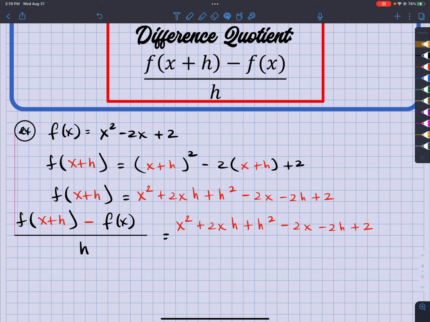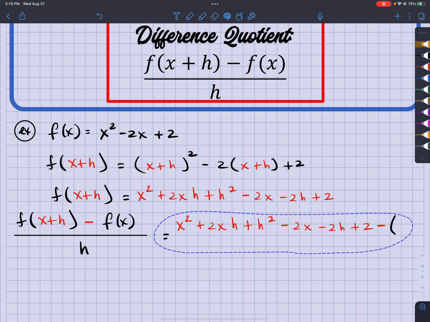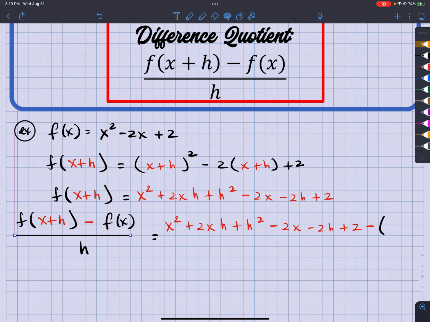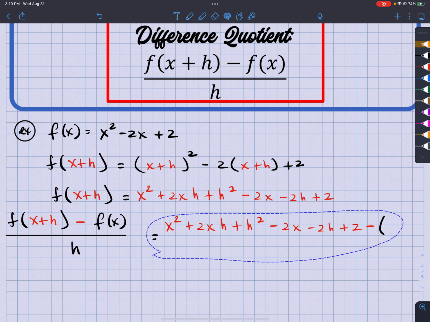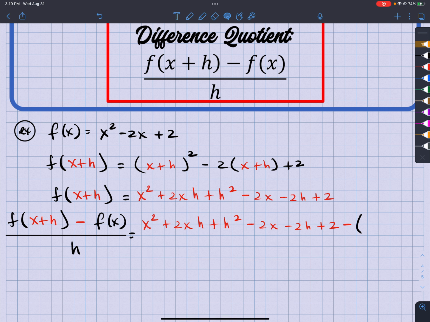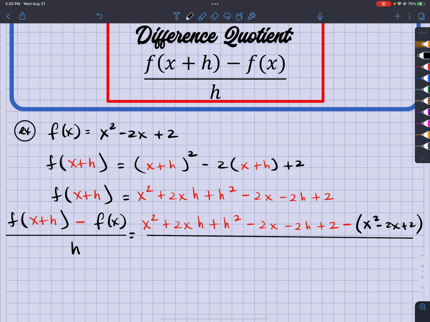Seems like it takes so much room. And then I've got to subtract, using parentheses here, and I still run out of room. What do I do? Oh, I can shrink this a little bit, bring this over here a little bit more, and get it over here. There we go: x squared minus 2x plus 2, all over h.